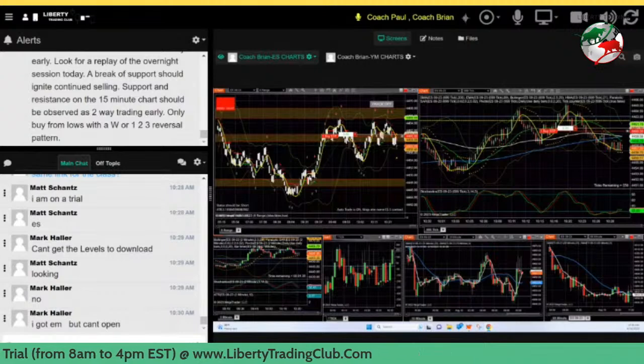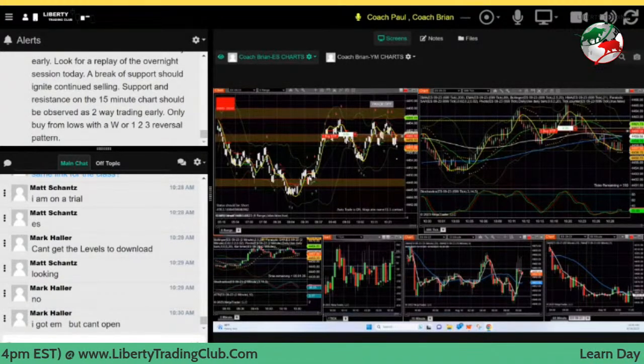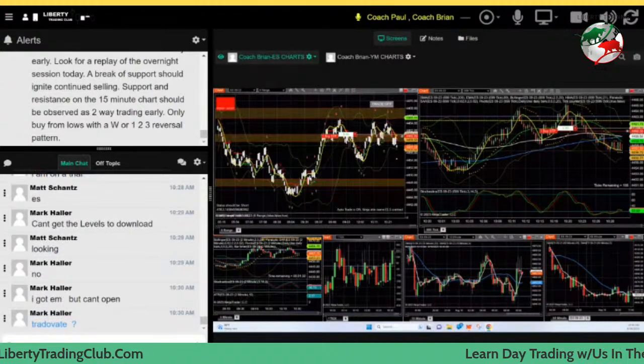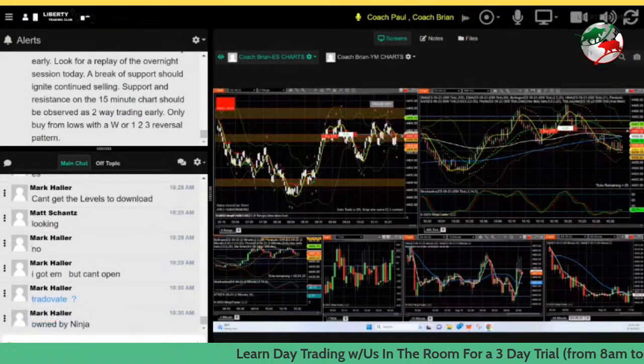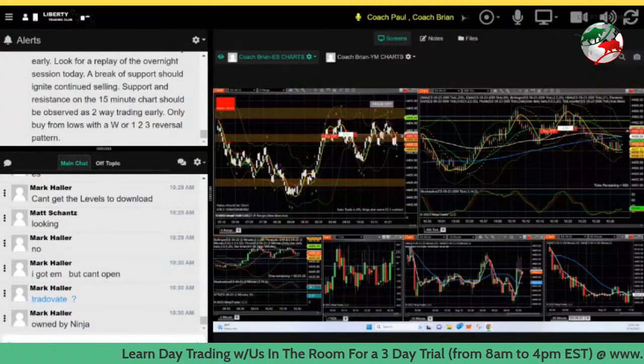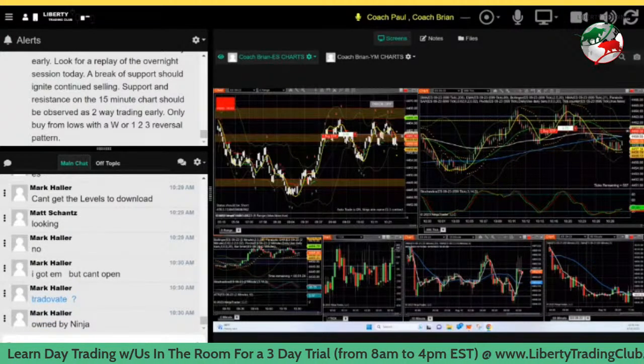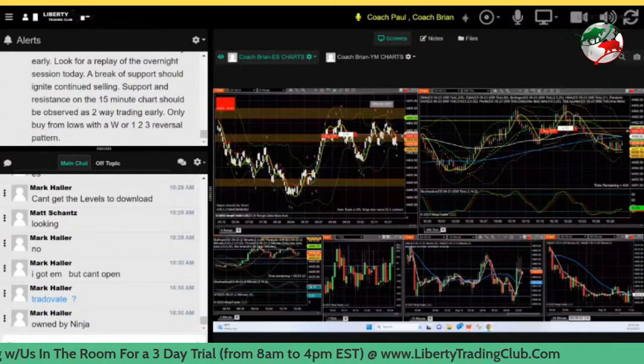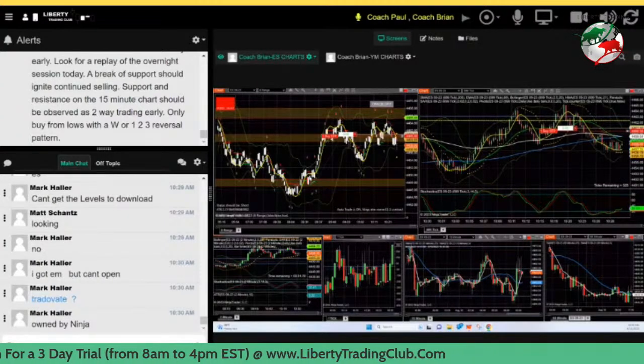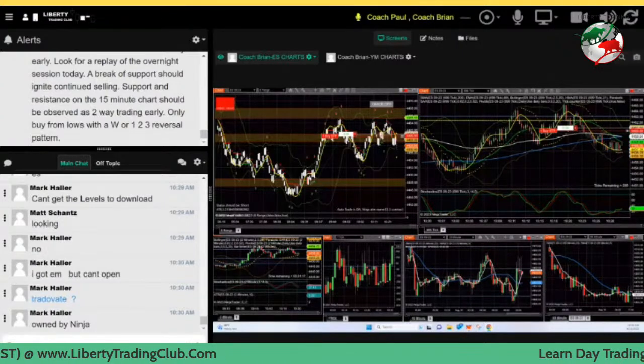If you hit that support button in the bottom right-hand corner, there's a little support. We'll probably do another platform in the future, but right now it's Ninja. Unfortunately, it's just the free version of Ninja right now, so you could do the free version and have the levels. Click on the support button.